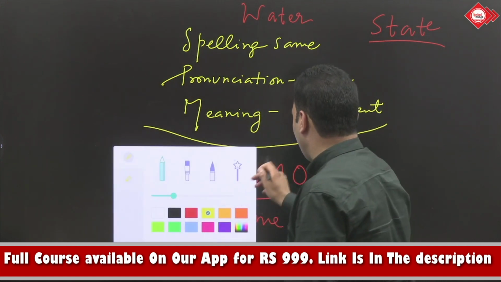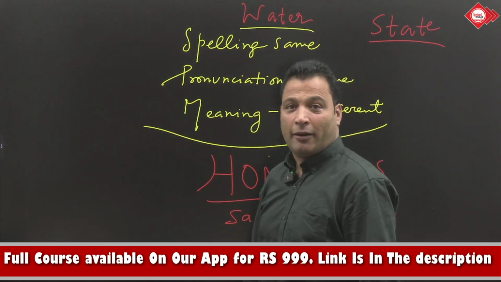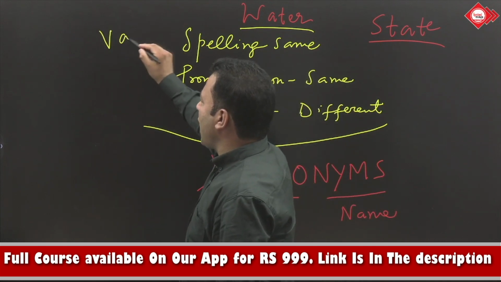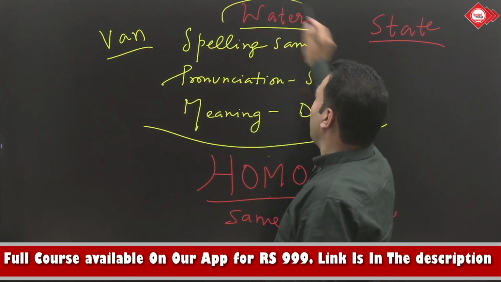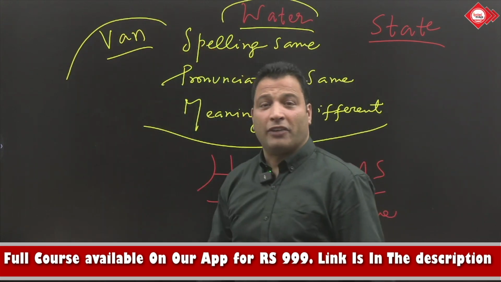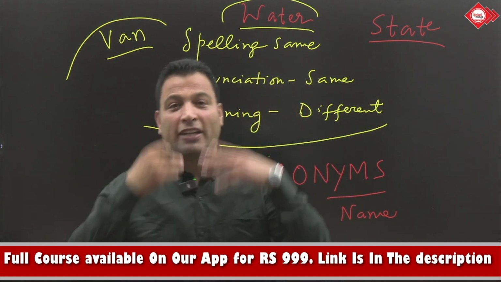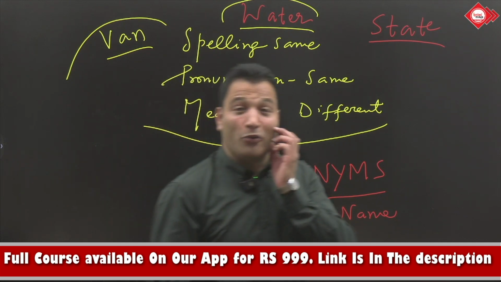I'll use yellow because yellow is bright. Water, WATER, and then we have a word, suppose we have VAN. So in this word and in this word the initial sound is W sound. लेकिन देखना पड़ेगा कि प्रोनाउंसिएशन के एतबार से कैसे हम जस्टिफाई करेंगे W वाला वर्ड और V वाला वर्ड.